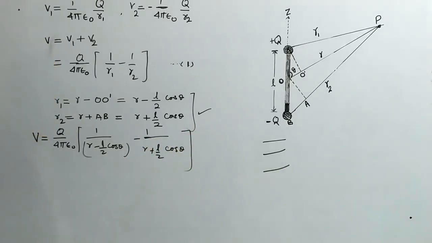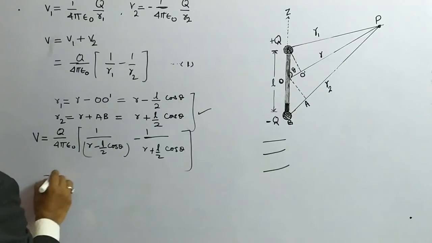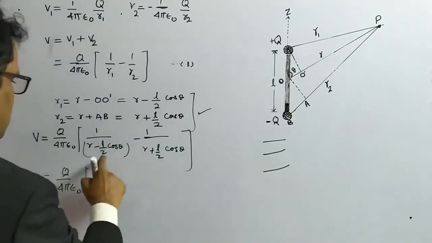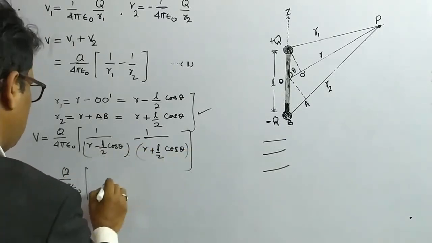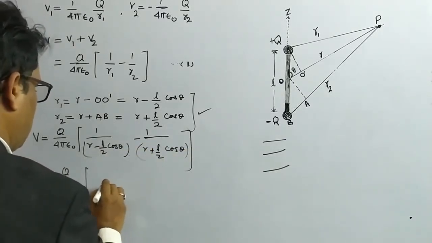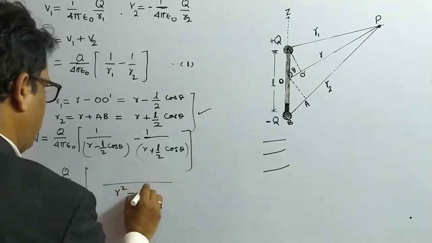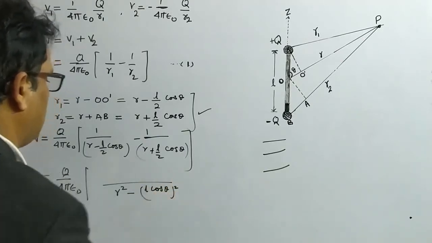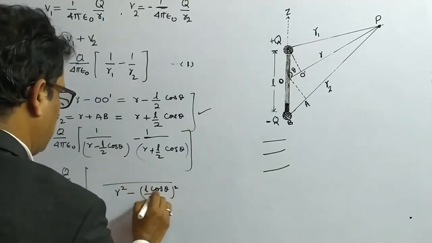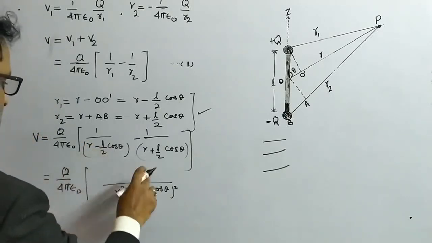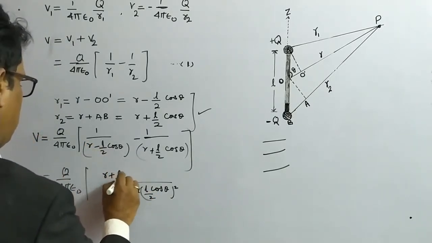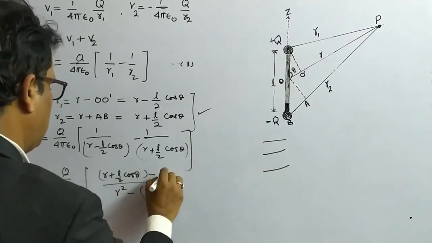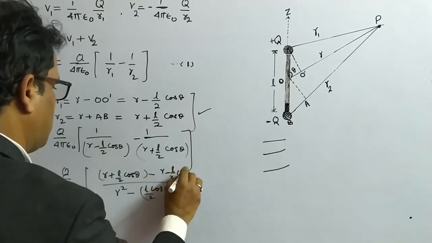So a little bit of simplification is now required. q over 4 pi epsilon naught. This is a sort of a minus b, a plus b identity, so the denominator is r square minus L by 2 cos theta whole square. So this will be r minus L by 2 cos theta minus r minus L by 2 cos theta in the numerator, with the plus sign on the first.